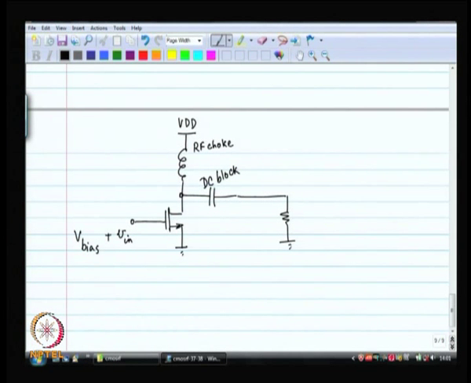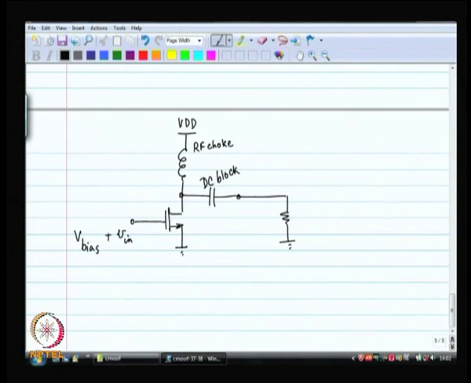Now, unfortunately, the circuit is going to be non-linear. We are not really planning to have a linear amplifier over here. We are just trying to blast out as much power as possible. So, therefore, I am going to put some sort of a tank circuit that is going to filter out all the other components and allow the voltage at the output to be only at the desired frequency.